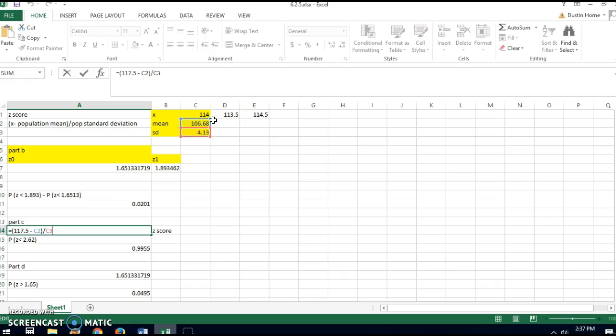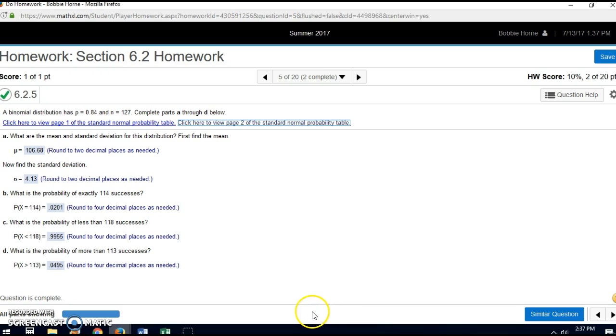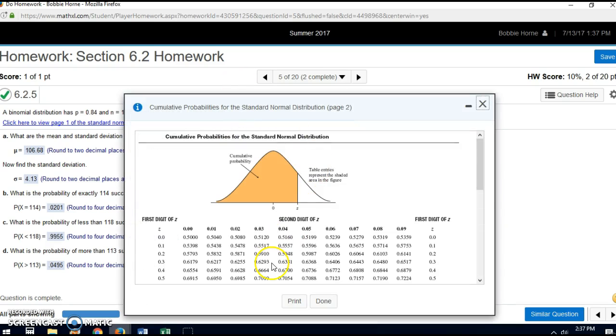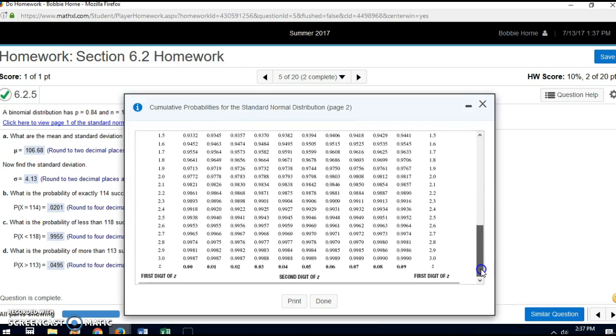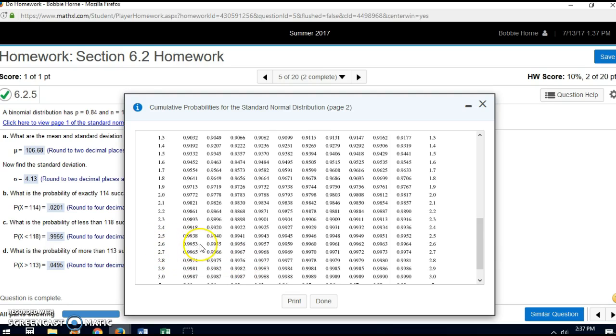We only have one z-score, which is a lot easier. So we do 117.5 minus the mean, divided by the standard deviation, and we get 2.62. So go to your table, look up 2.62, and we get 0.9956.